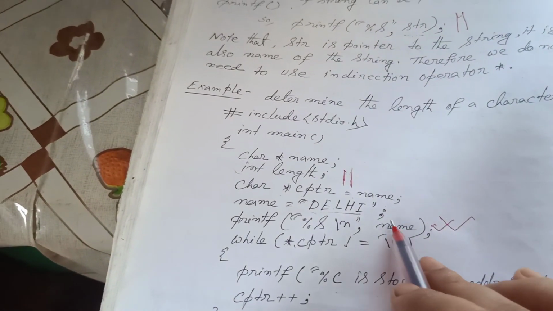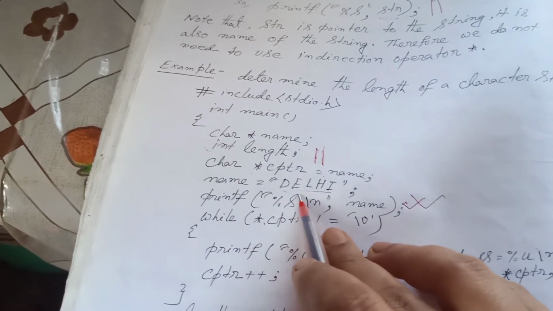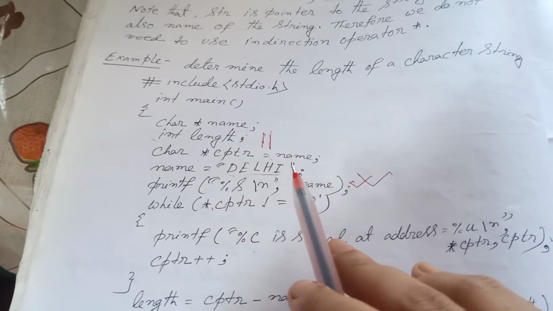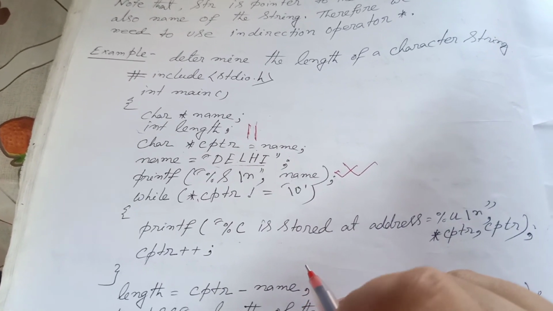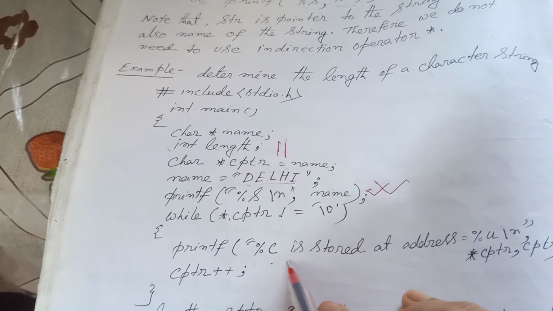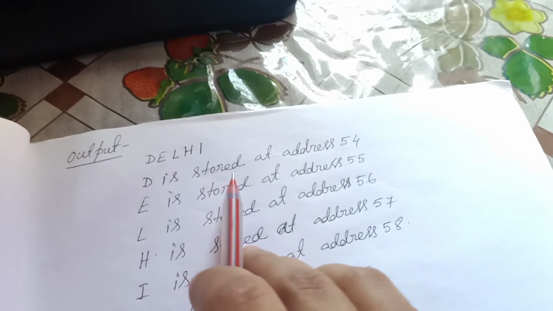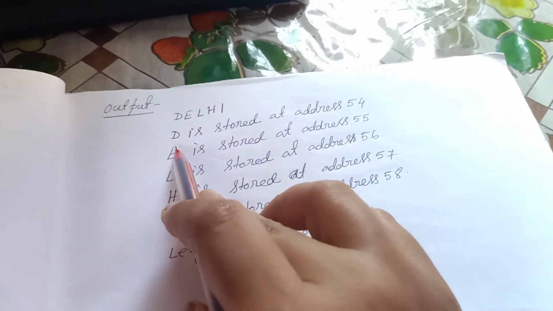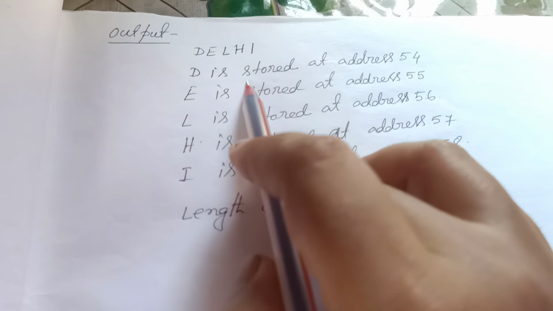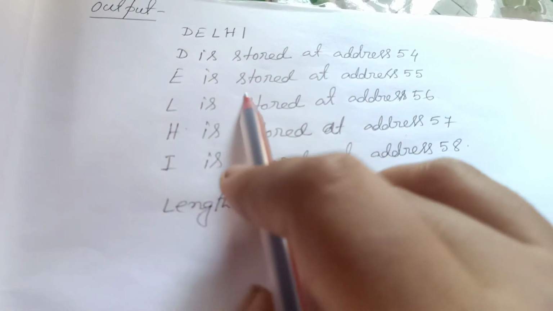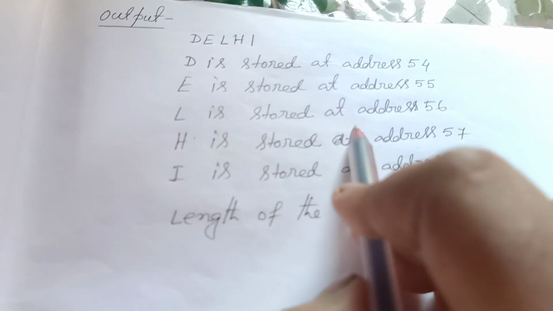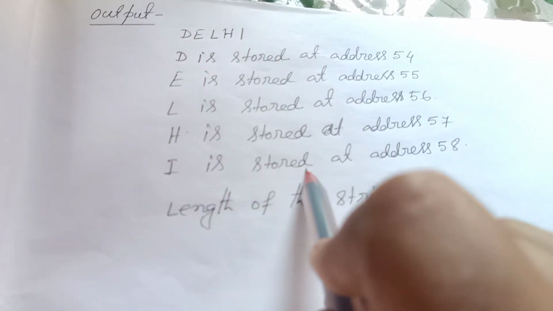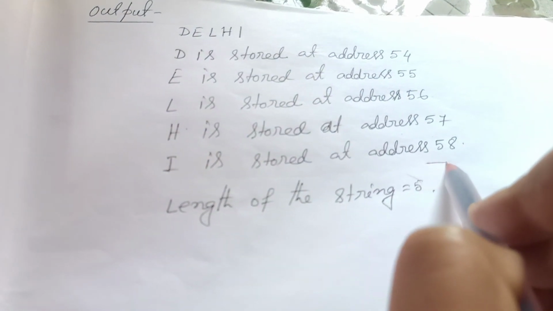So here Delhi is treated as a character array, and each element is stored at a particular address. So from this printf we can show the address of each character value. D is stored at address 54, E is stored at address 55, L is stored at address 56, H is stored at address 57, and I is stored at address 58.